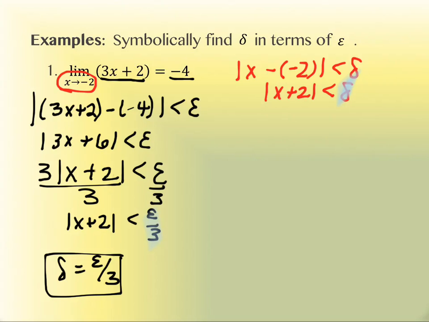Now, the directions make you feel like you've finished the problem. Agreed? Here's what I expect to see after you have found that delta, because this is what answers the question.